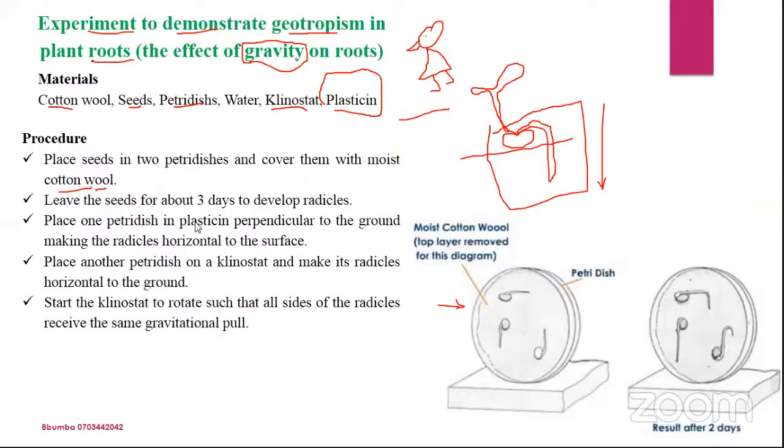Radicals are the roots. Now, place one petri dish in plasticine perpendicular to the ground, making the radicals horizontal to the surface. You can see this case X1, and then I call this one B. Okay, you are going to place some seeds when they are flat, horizontal, like this.